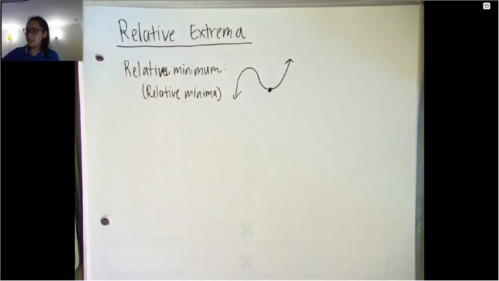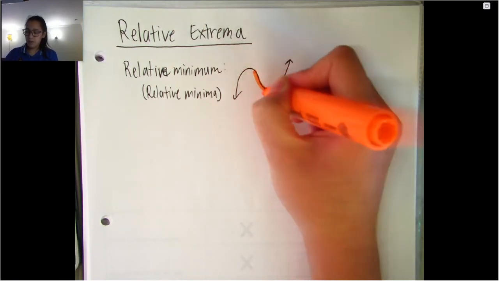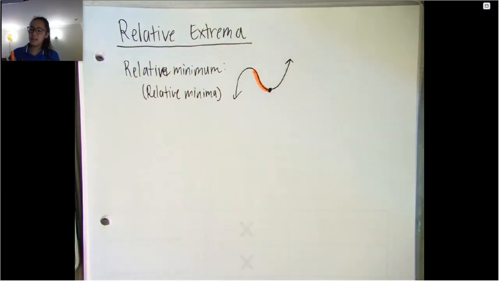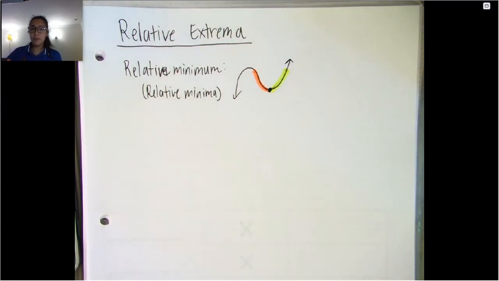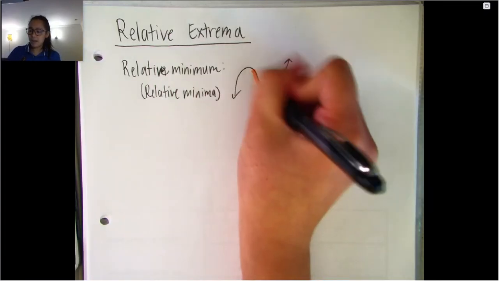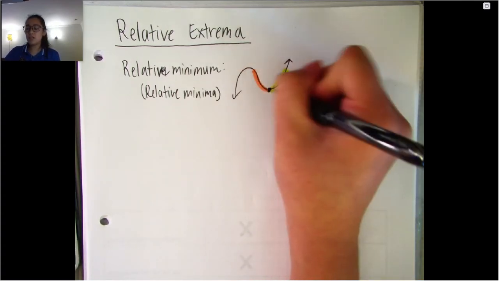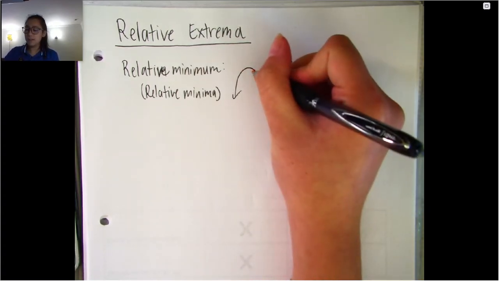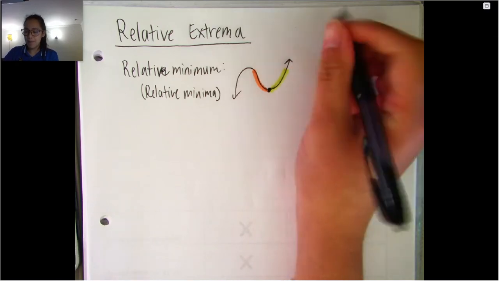And if you'll notice, this graph is decreasing over here and then increasing over here. Okay, so relative minima occur when f prime of x switches from negative to positive, because that's where the graph changes from decreasing to increasing. So where f of x switches from decreasing to increasing, we have our relative minimum.